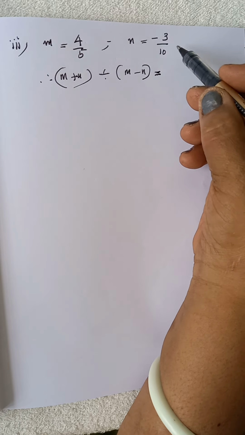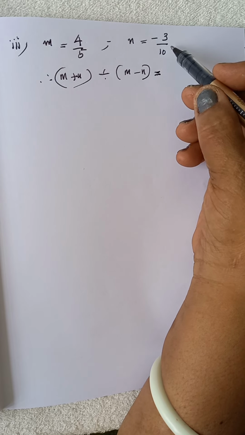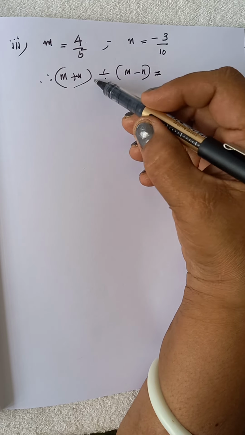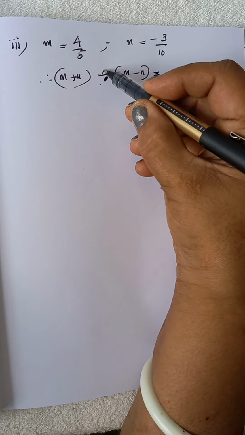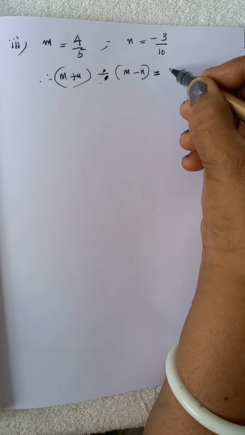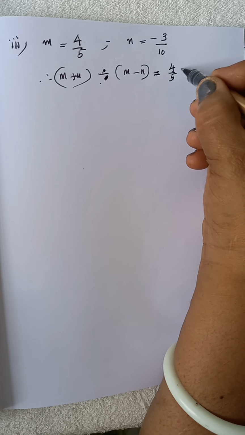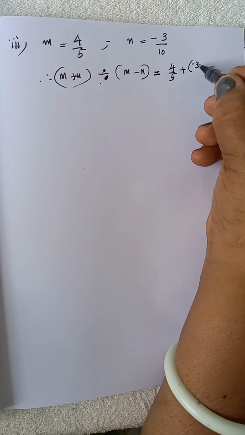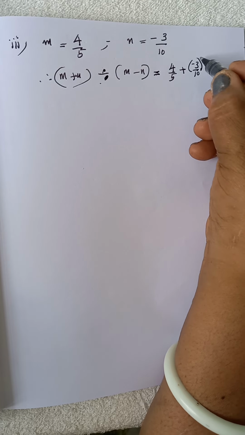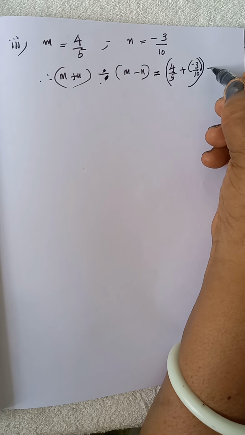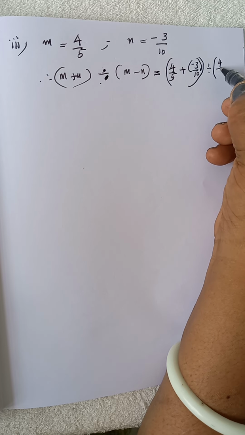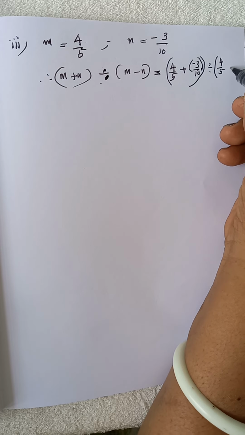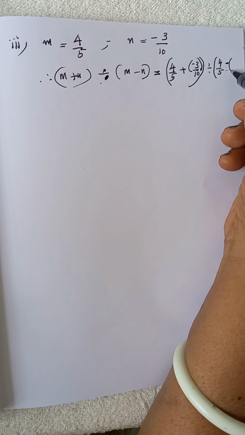Now in the third part of that question 11, it is given that m is equal to 4 by 5, n is equal to minus 3 by 10. So we have to find out m plus n divided by m minus n. So that is equal to m is 4 by 5 plus n, that is minus 3 by 10. Then that divided by m 4 by 5 minus n is minus 3 by 10.